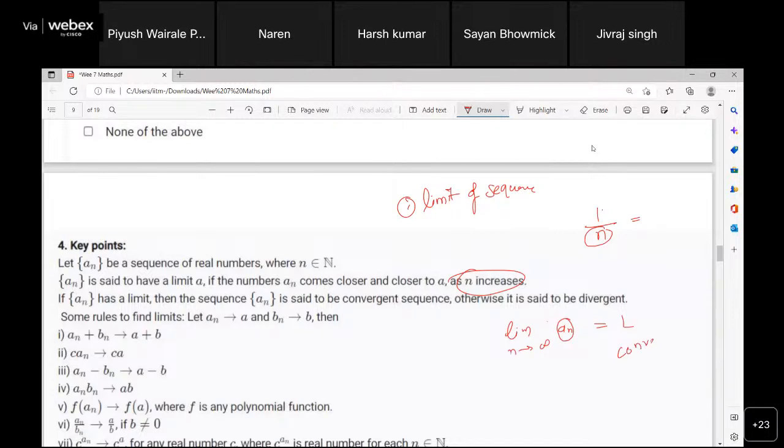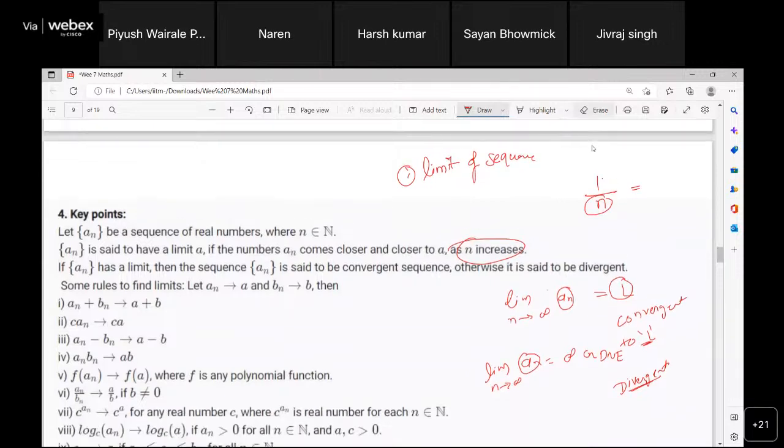It is converging to the particular value L. But if I find the limit as n tends to infinity and I am getting that the limit does not exist, or infinity, then in that case I can say the sequence of this particular expression is divergent. If you are getting a particular value, it converges to that value L. If we are getting infinity or the limit does not exist, then the sequence is divergent, right?